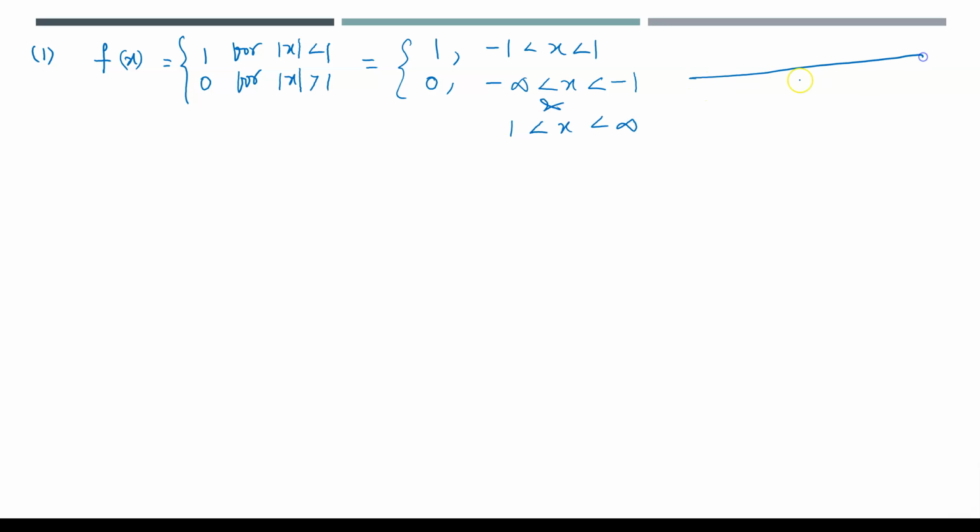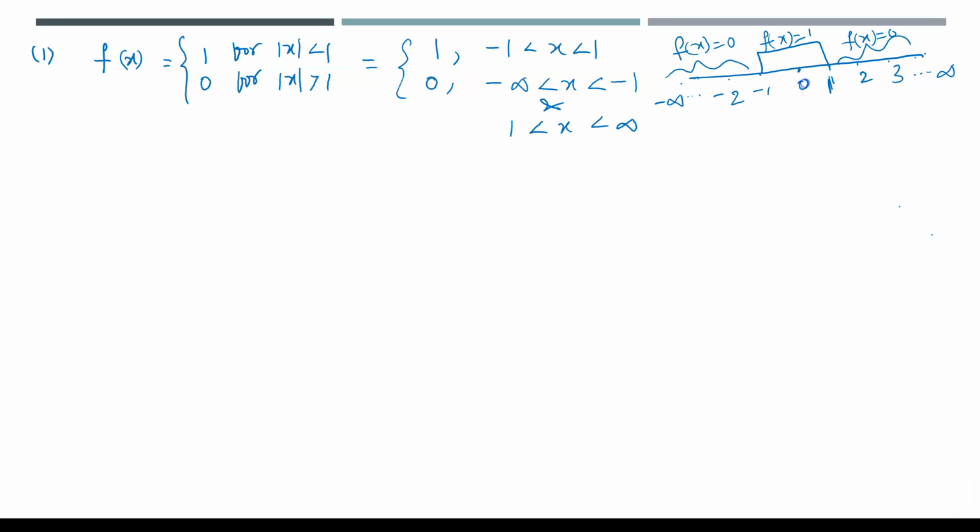That means here |x| is given. If you consider the number line 0, 1, 2, 3 and so on, minus 1, minus 2 and so on, in this interval the value of f(x) is 1. And in this interval the value of f(x) is 0. Here f(x) equal to 0, up to infinity, and here up to minus infinity.